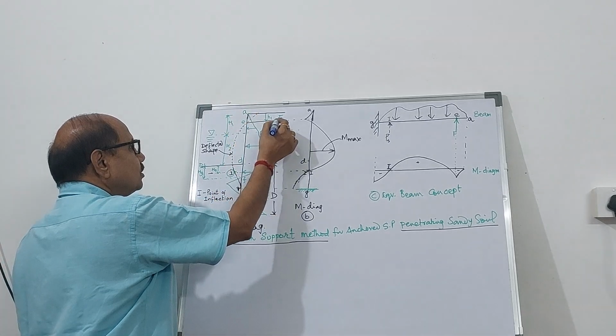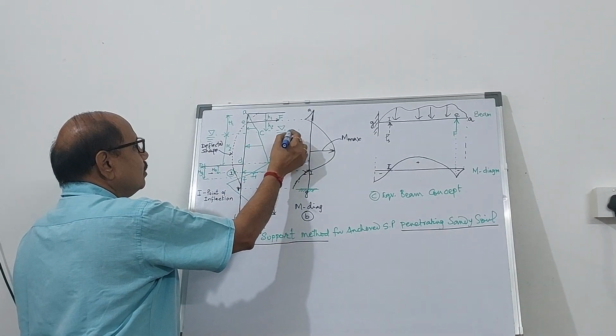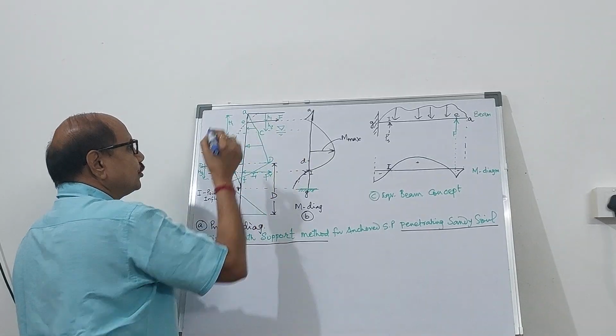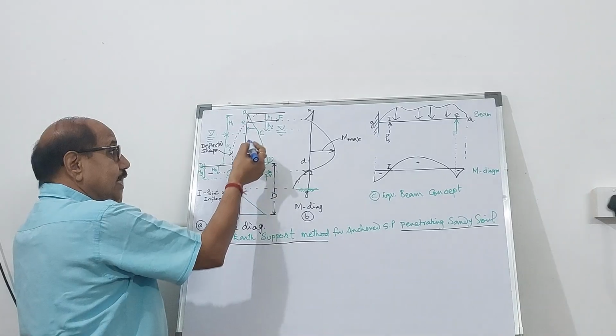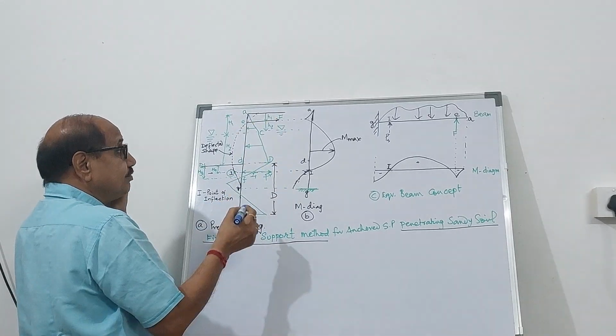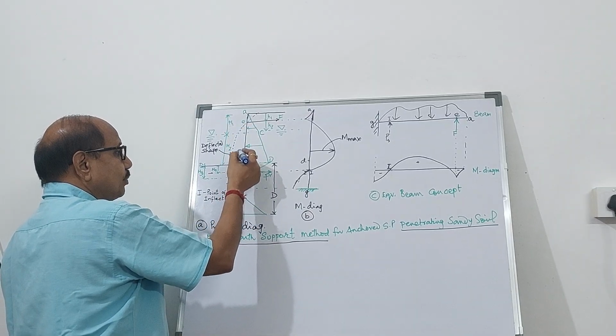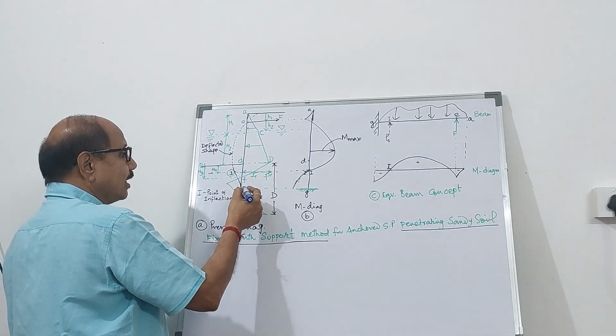the anchor rod is provided at a height h1, and the water table is at the height h2, as shown in the diagram here. The force in the anchor rod is shown as F, and you can see the pressure distribution diagram.